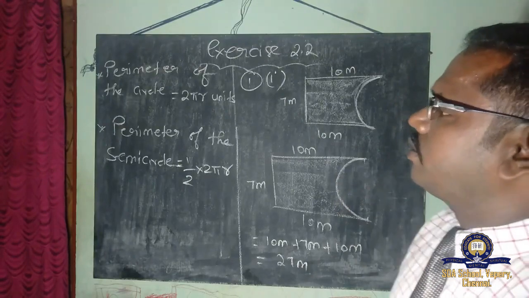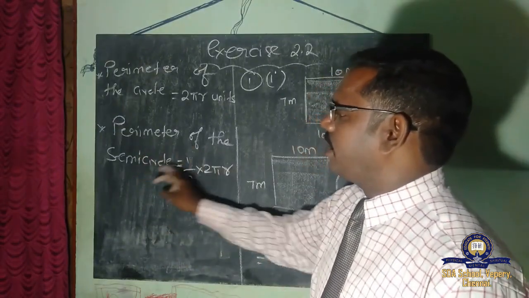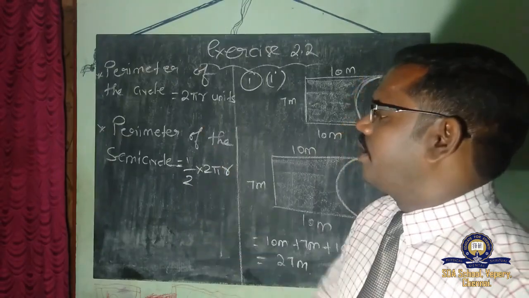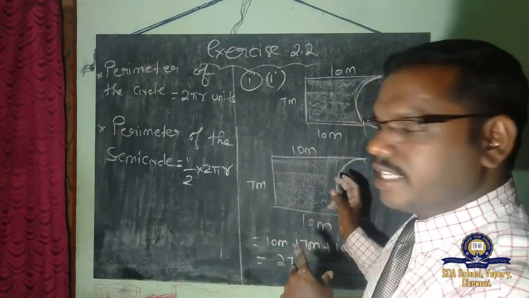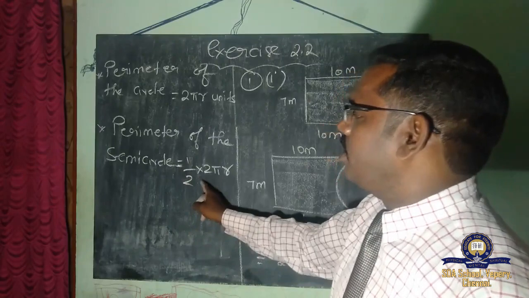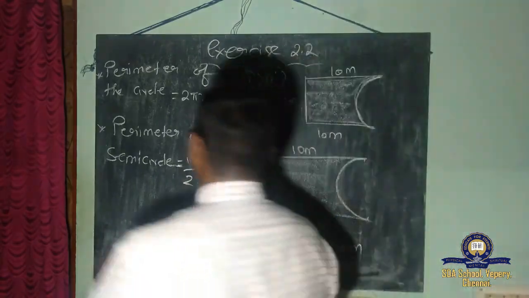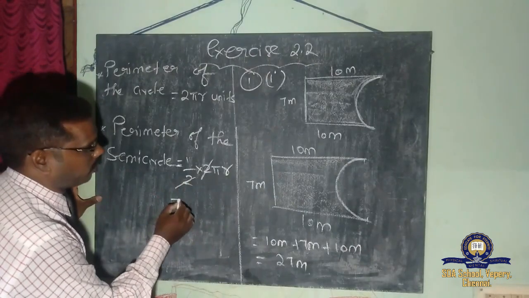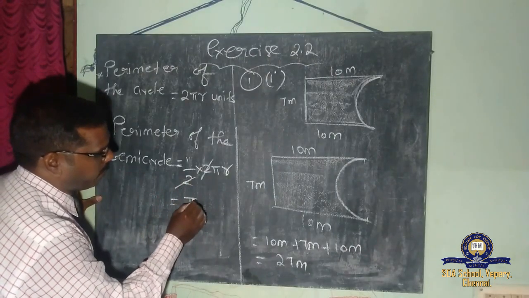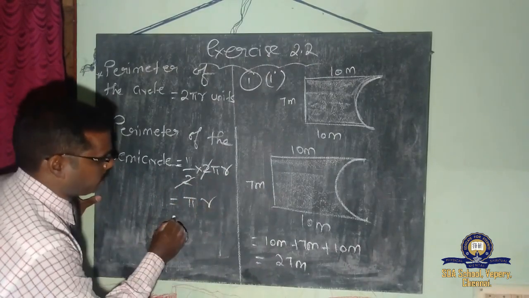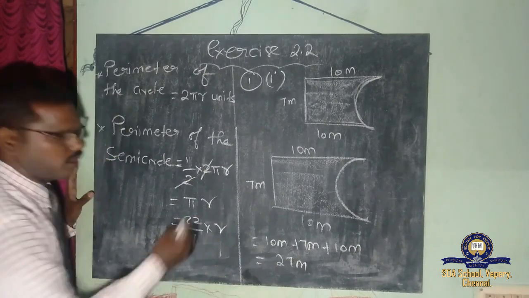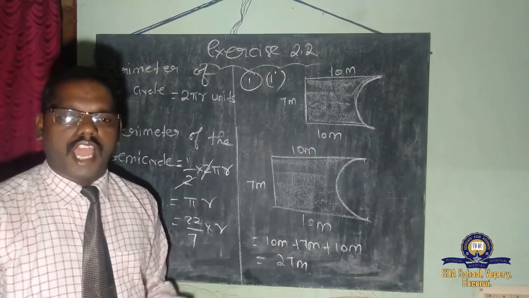So the perimeter of the semicircle is equal to, I am going to divide the formula by 2 because it is half of that, isn't it? So 1 by 2 into 2 pi r. Again I cancel this 2 and this 2, then what will be there? Pi r. Pi I know, pi is 22/7. R I do not know, isn't it? R only I have to find out.